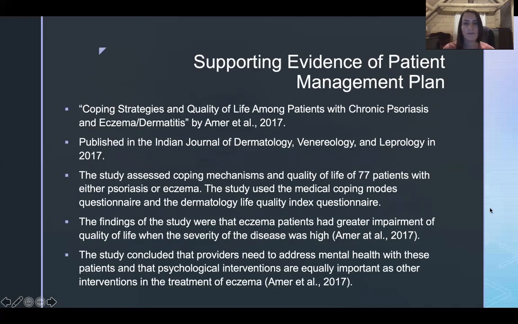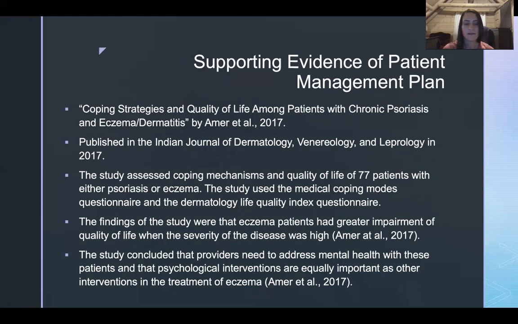Some supporting evidence of the patient management plan that I have. One article, Coping Strategies and Quality of Life Among Patients with Chronic Psoriasis and Eczema, was published in the Indian Journal of Dermatology, Venereology, and Leprology in 2017.